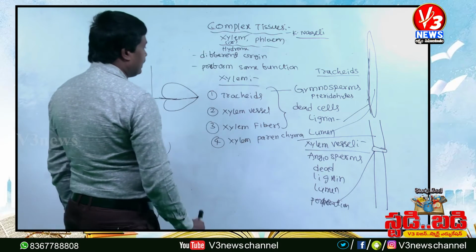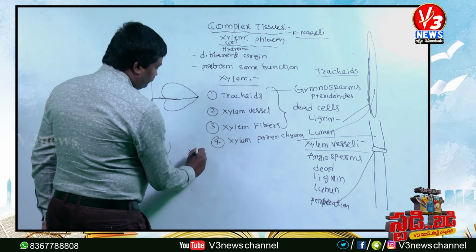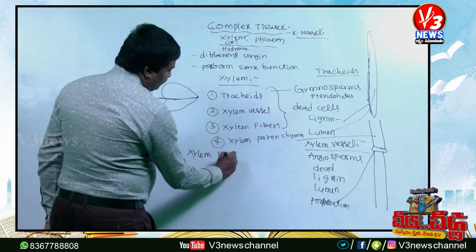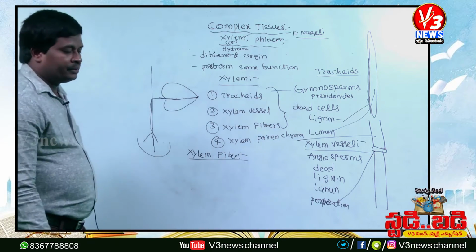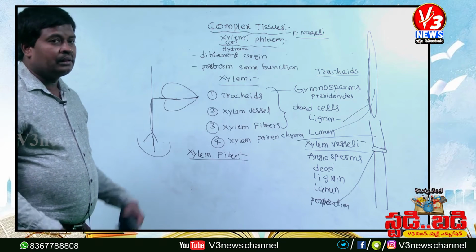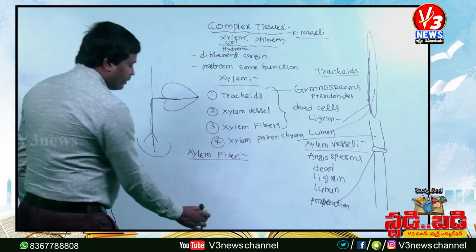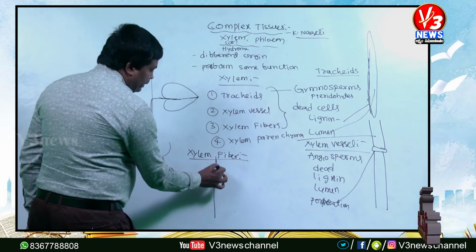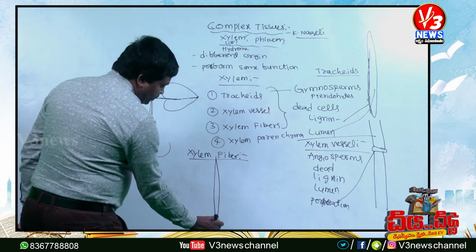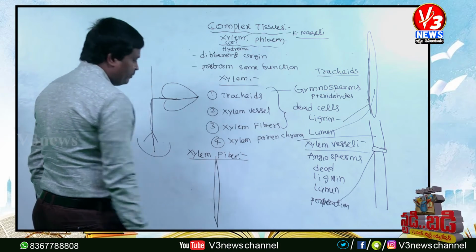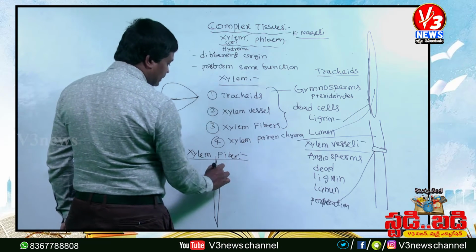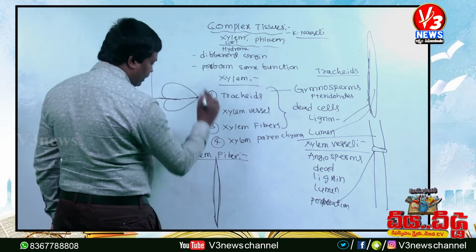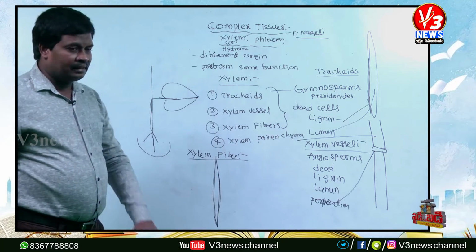Next one, xylem fiber. Last class we discussed fibers clearly, sclerenchyma fibers, xylem fibers. Wherever it may be, fiber means elongated with sharp ends. These fibers are also dead cells made up of lignin, and the empty space is called a lumen.